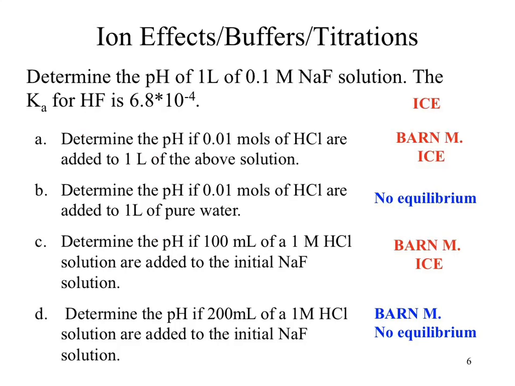Why not? There's no weak acid or base present. So when you calculate that, you should see that we've added enough acid to completely overwhelm the buffer system, and we're no longer in a weak acid-base system. Sorry we ran long on that one. We will pick up there tomorrow.